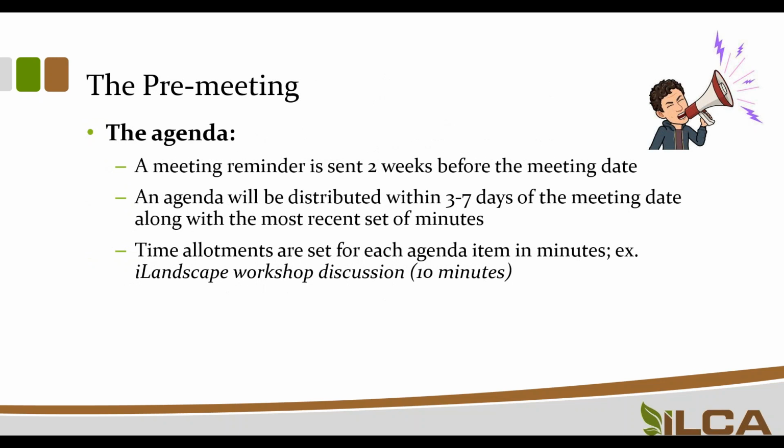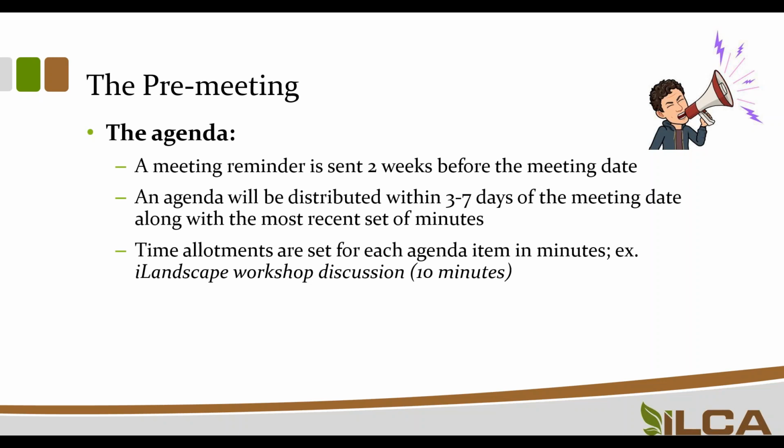Within the pre-meeting, you'll find the agenda. A meeting reminder will be sent 2 weeks prior to the meeting date. The committees use a listserv to communicate all agendas and other documentation. If you are not receiving those emails, please reach out to your staff liaison or even check with your IT person at your office to make sure that they're not being filtered or blocked.